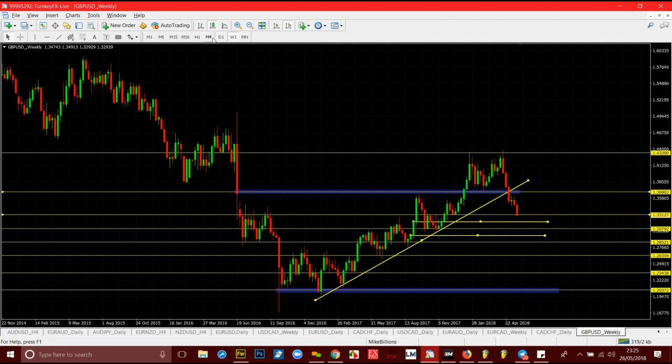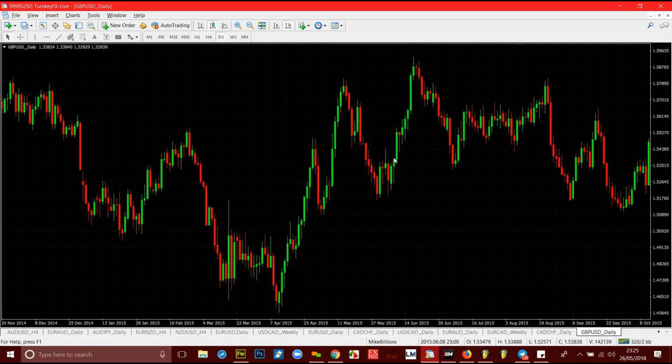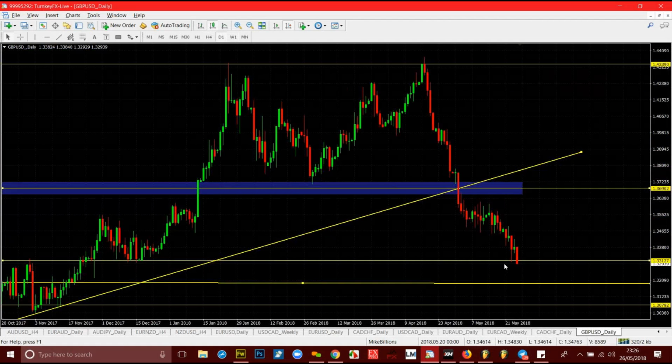So that's GBPUSD. I think it's going to come down. Like I said, it's going to keep coming down. But if it goes up, you know what to look for. If it retraces, I wouldn't even say you should trade the retrace. That may just be a pullback. Just let it go.